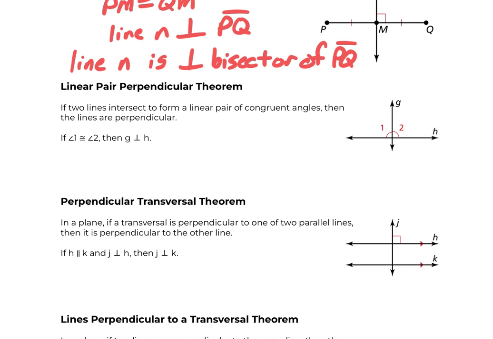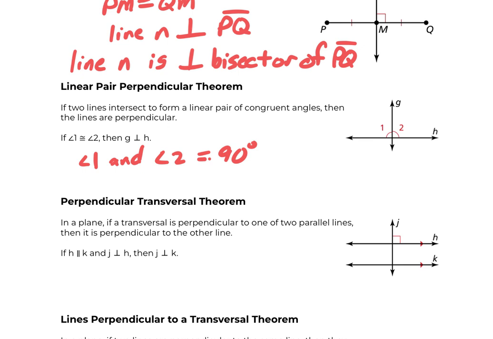And right now we don't have the square in the corner, but I know that angle 1 and angle 2 must both equal 90 degrees. And that's what it's concluding here, that it's perpendicular. And the fact that it's perpendicular, we see that symbol again, that upside down T, means that they are 90 degrees.